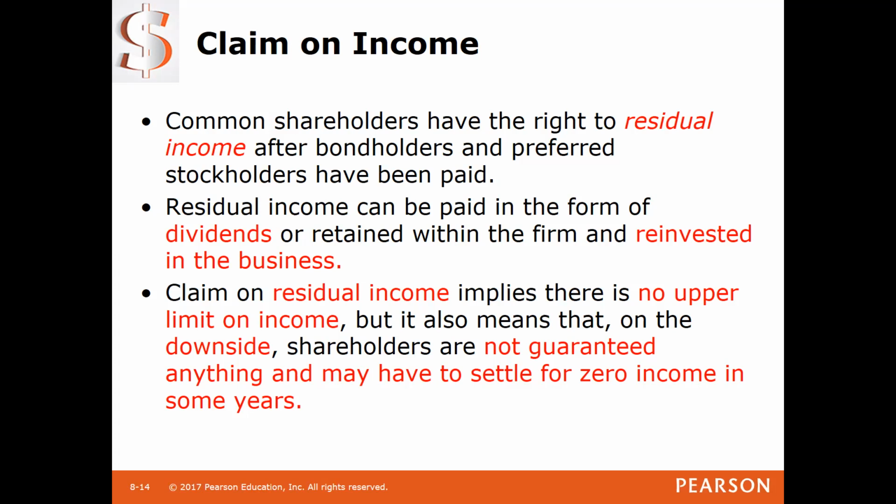But on the flip side, because it is not guaranteed, that means that in certain times, the shareholders may be forced to suffer zero income in terms of dividends. A classic example of a company not providing any dividends is Google. Well, today it is its parent company, Alphabet.